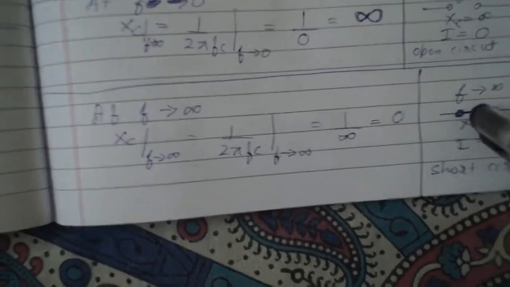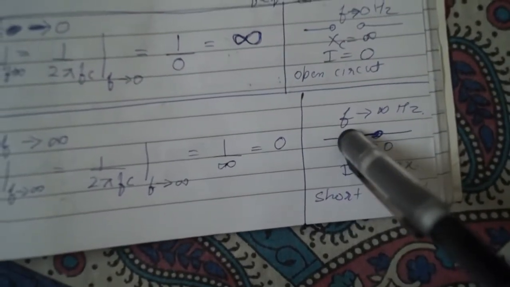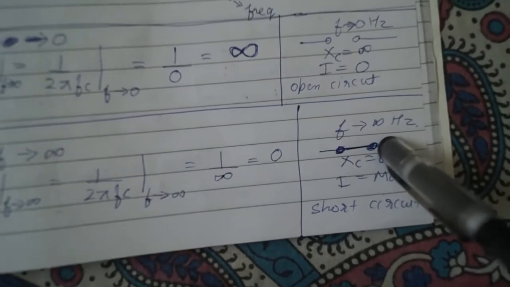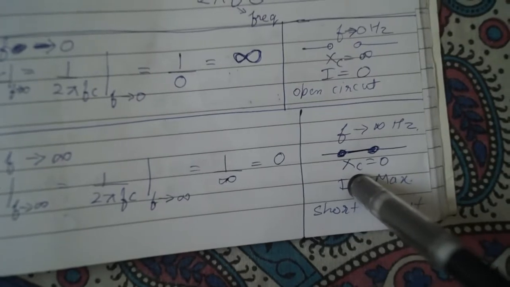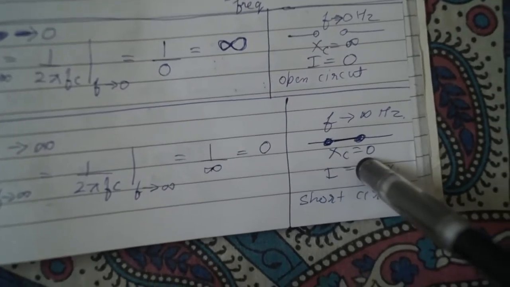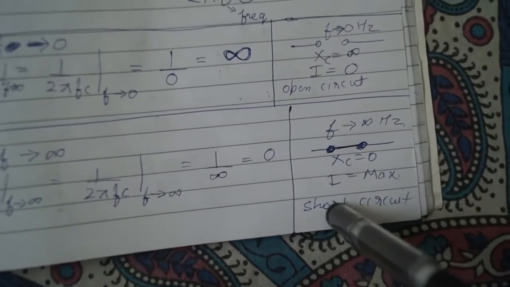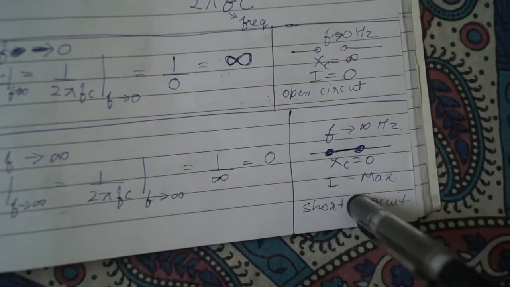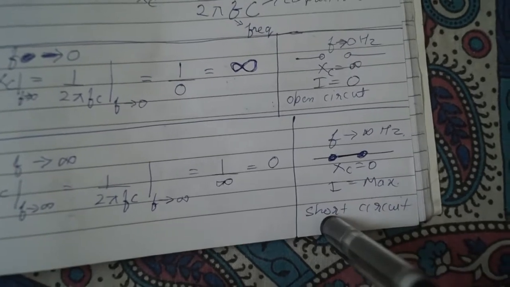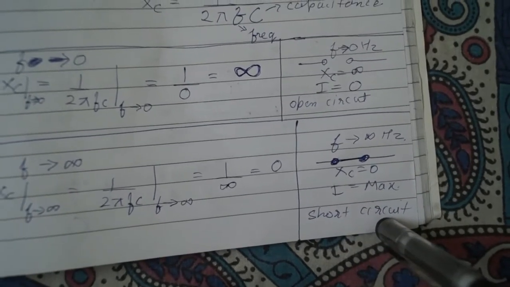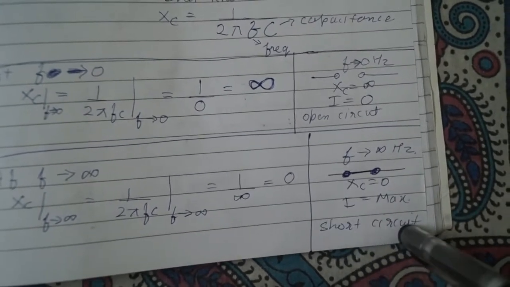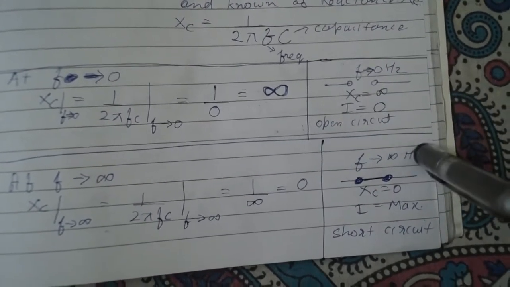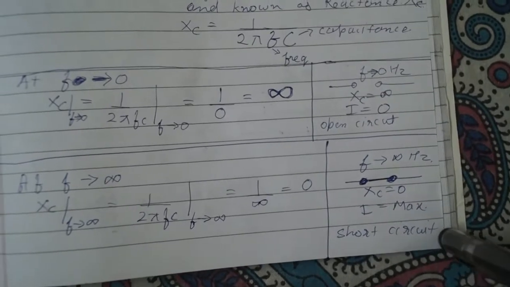So if the frequency tends to a very high value, our reactance tends to be equal to 0. This will give us the maximum current flowing in the circuit, so it will behave as a short circuit. That's why a capacitor does not conduct DC signals, and it always conducts AC signals.